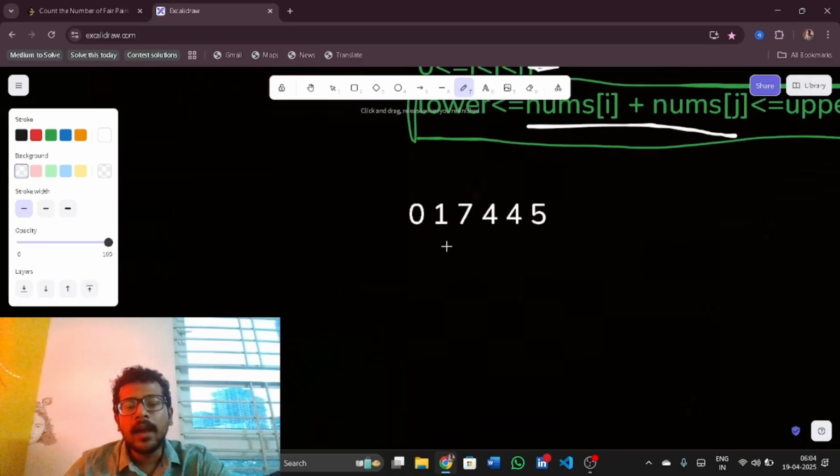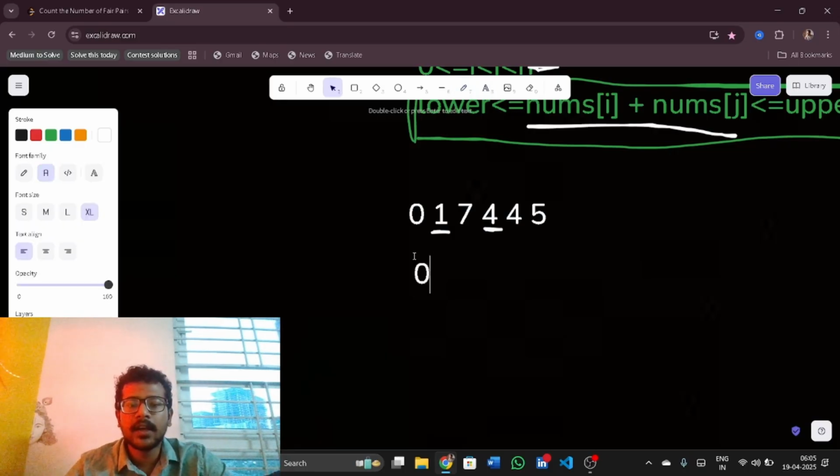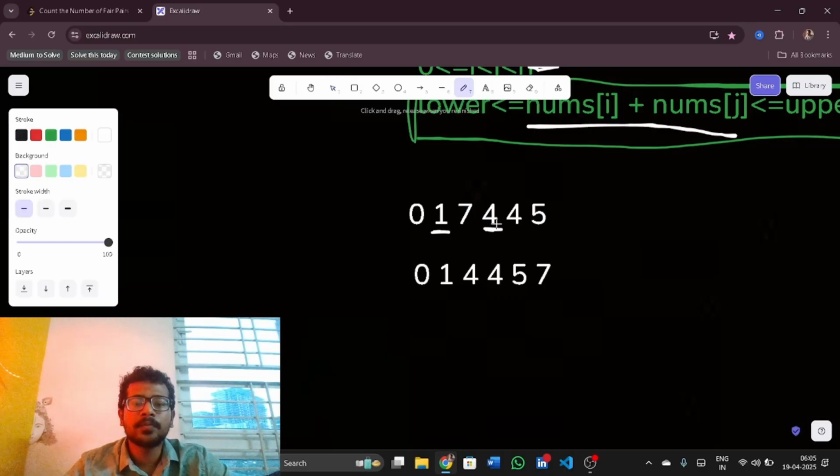Now I am taking a pair like 1 and 4 here. Now imagine that instead I placed it as 0 1 4 4 5 7. That means I have sorted it. Does this change our answer? No. 1, 4 are the same pair again.